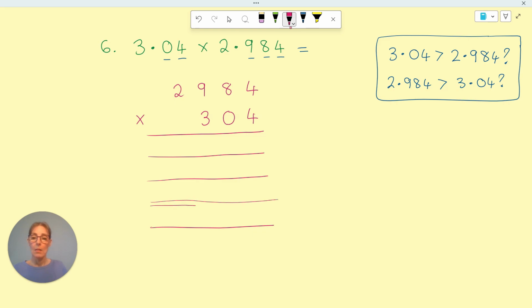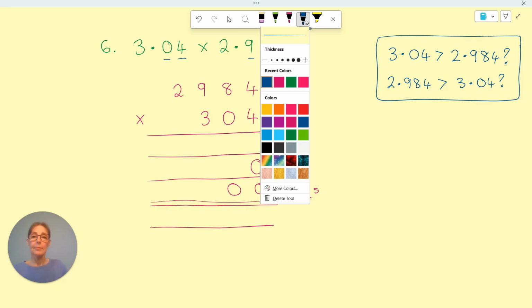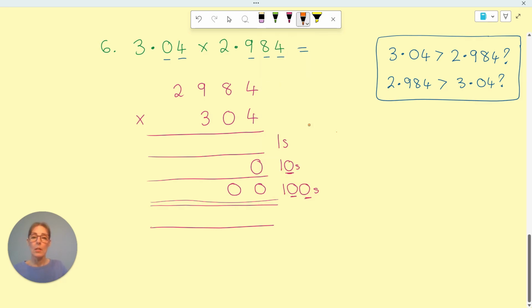Oh, it's a bit wavy now. Okay, so I've got the ones and we've got the tens. Underline that, put the 0 in, and we've got the hundreds. Underline those two, put the zeros in. Choose a different colour. Let's choose an orange.